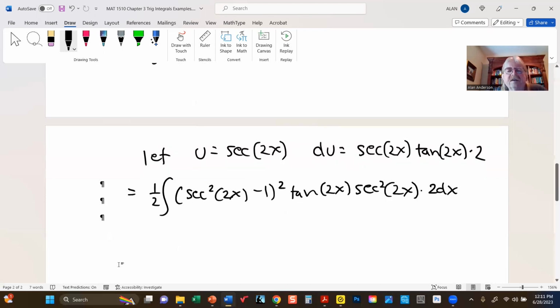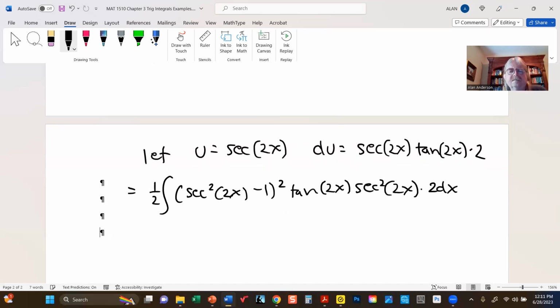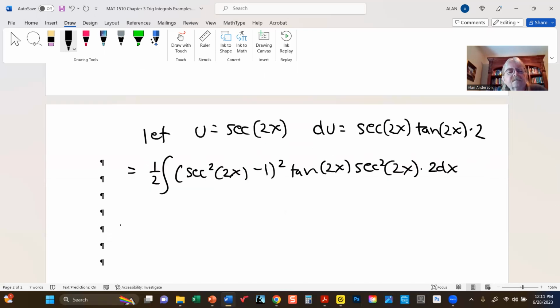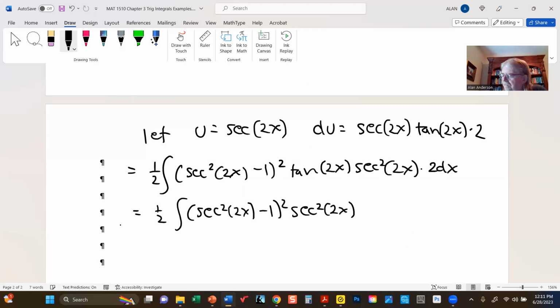Now we can do some rearranging. Actually, here's what we're going to need to do. We need a secant and a tangent. So what I'm going to do is take the secant squared.